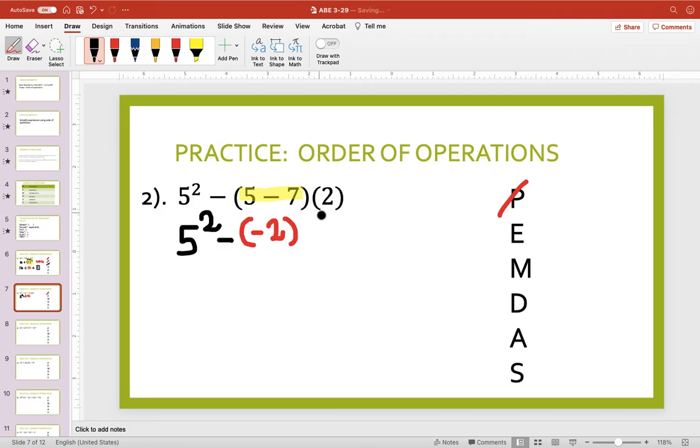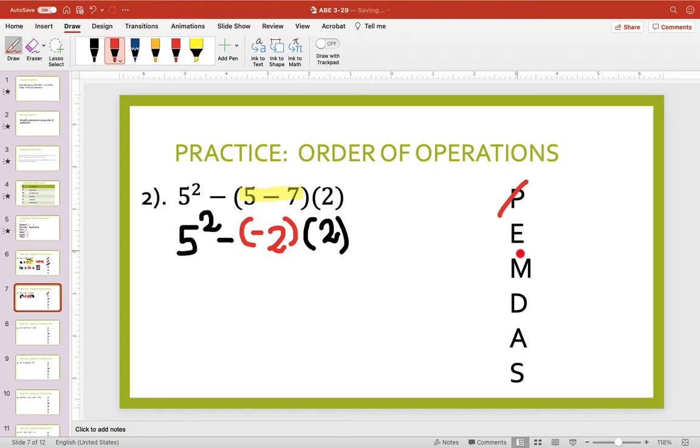I did simplify 5 minus 7. And I'm also going to bring down this 2. Please know that the only thing that changed in this expression was this 5 minus 7, which we simplified as negative 2.